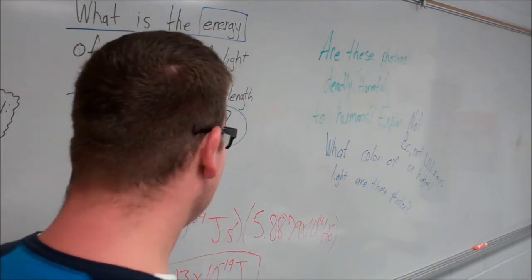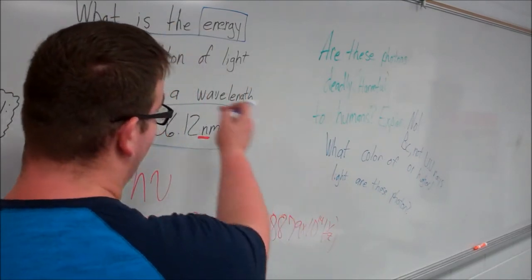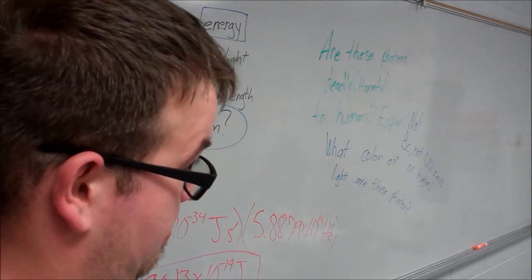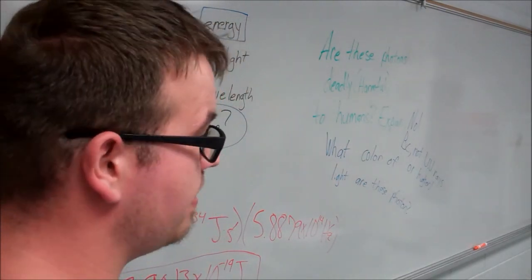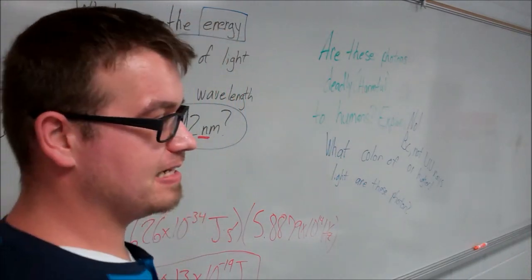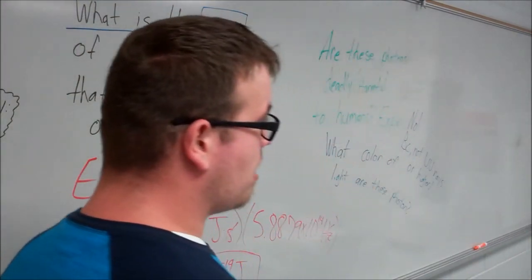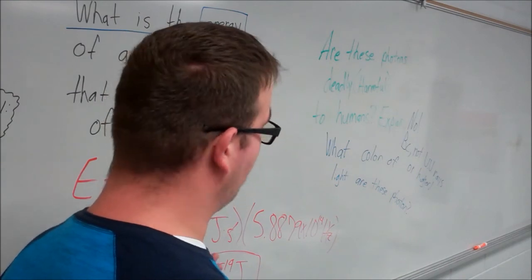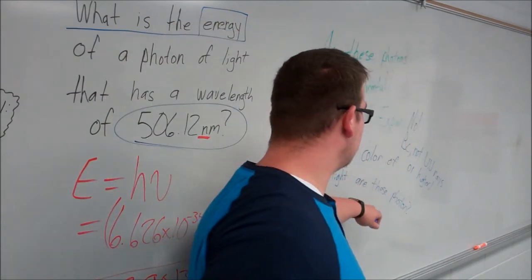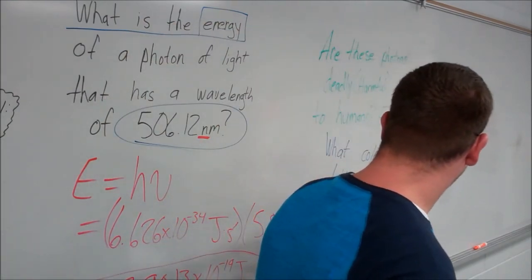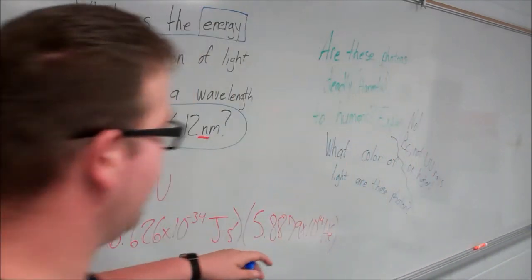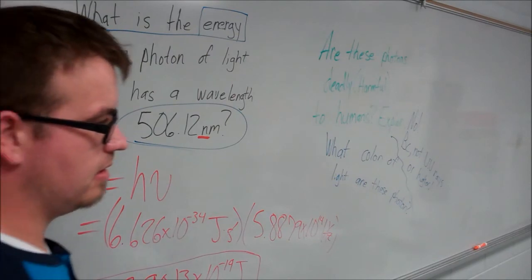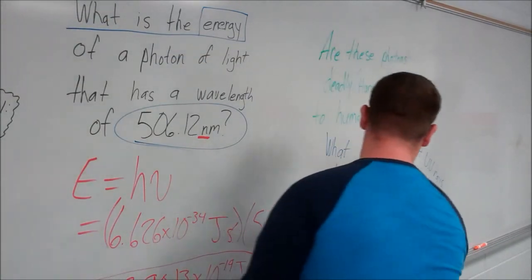Now, I can give you energy and make you work backwards to wavelength. It's just the same step, just different. It's the same two-step problem. You guys are so stressed over that. It's blue. Just call it blue. What color of light are these photons? They're blue. So the answer there would be blue.